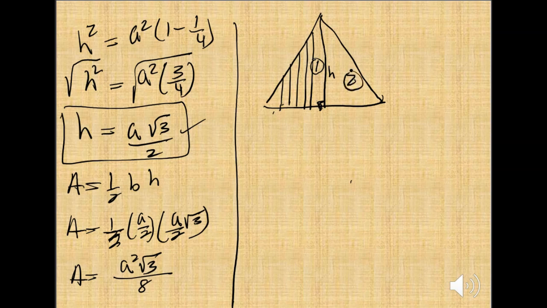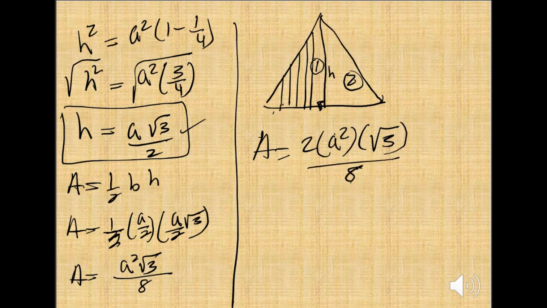We have 2 triangles, so we have to multiply that area by 2. So 2 times A squared times the square root of 3 divided by 8. 2 goes into 8 4 times. So the area of an equilateral triangle is A squared times the square root of 3 divided by 4.